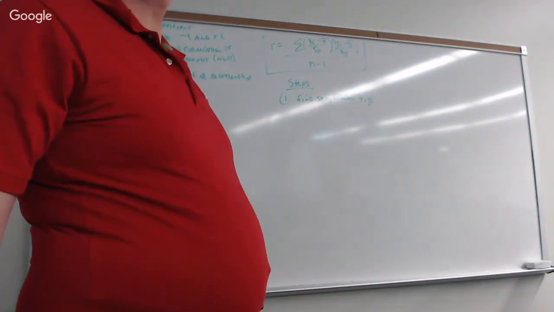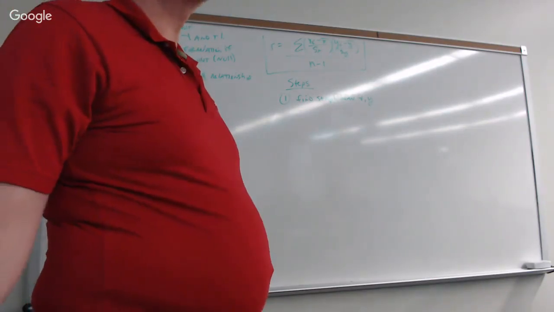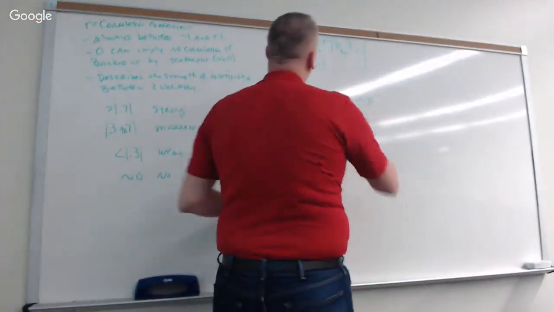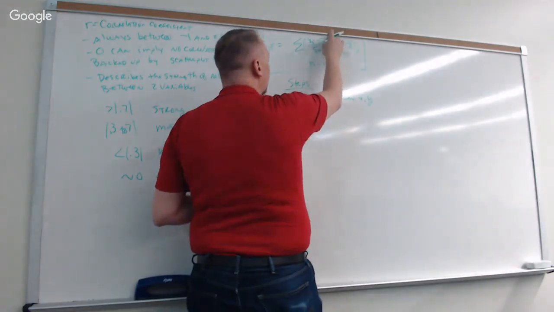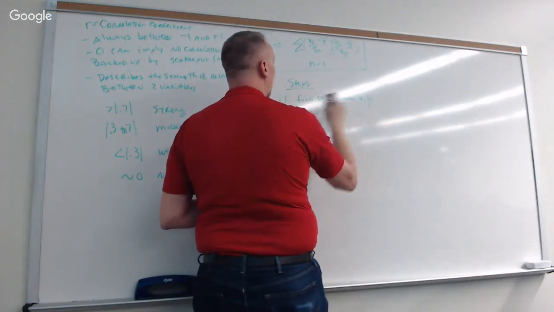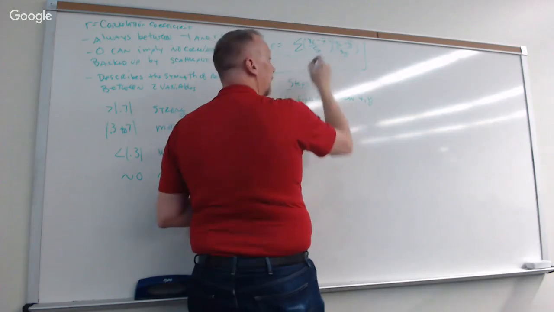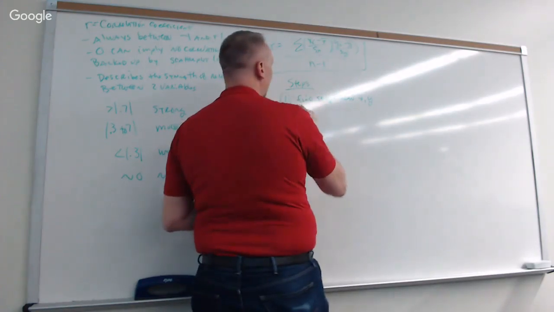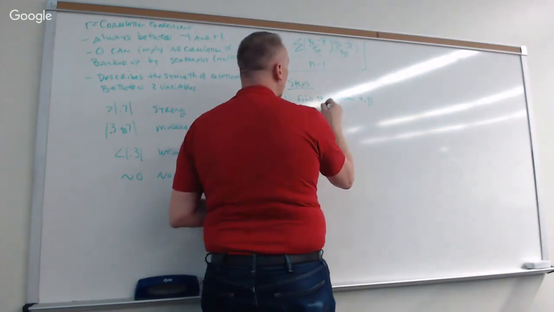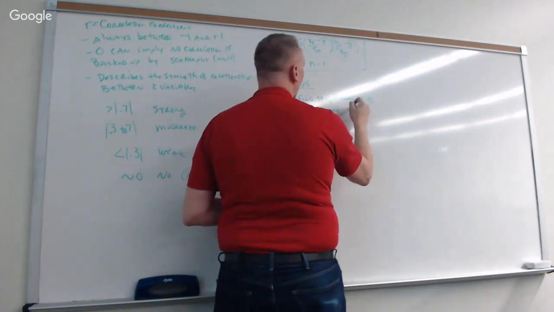Your z-score. It looks like a z-score, doesn't it? And that's basically what it is, okay? So find the sample mean for X and Y. S sub X stands for the standard deviation. So you're going to find the standard deviation for X and Y.